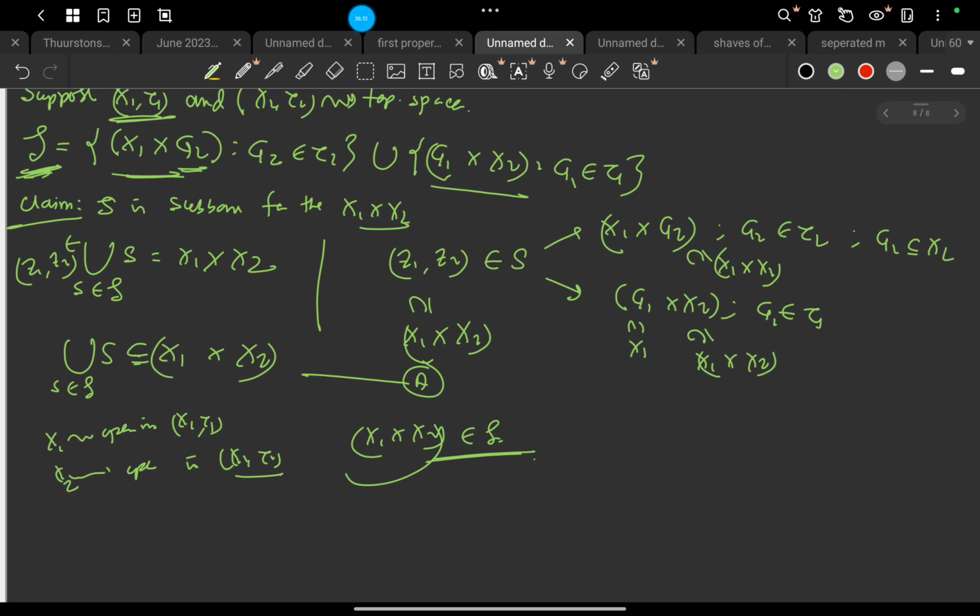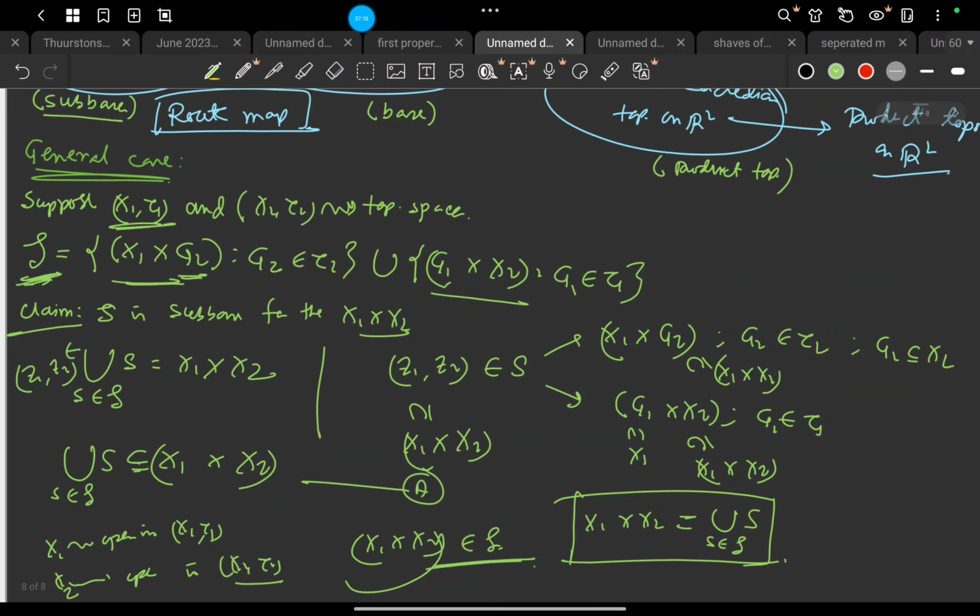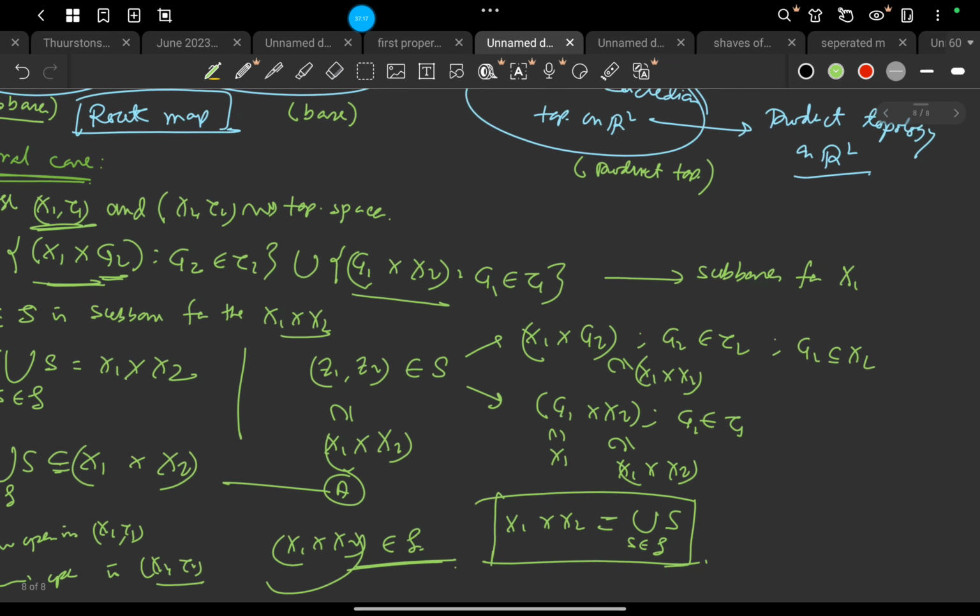So X1 cross X2 is a subset of the entire union, and it is enough to write it as the same. That means this is a subbasis for X1 cross X2.